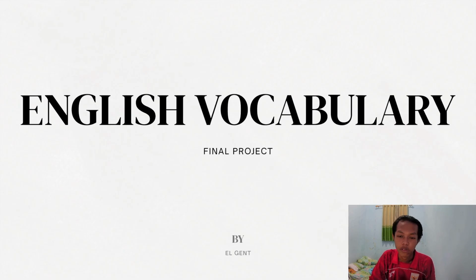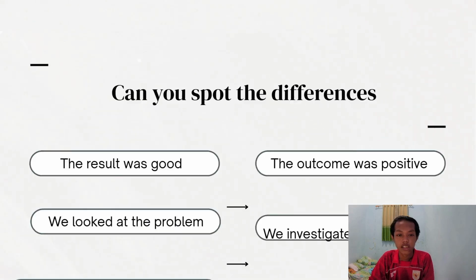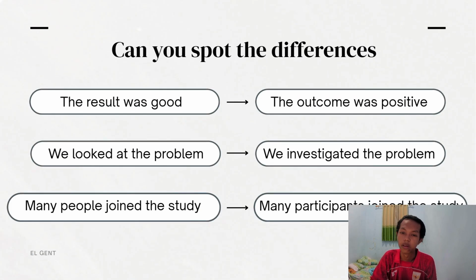Okay, before we go to the materials, please look at these three examples. Can you find the difference? I will give you some time, or you can pause this video, and I will count from 3, 2, 1.